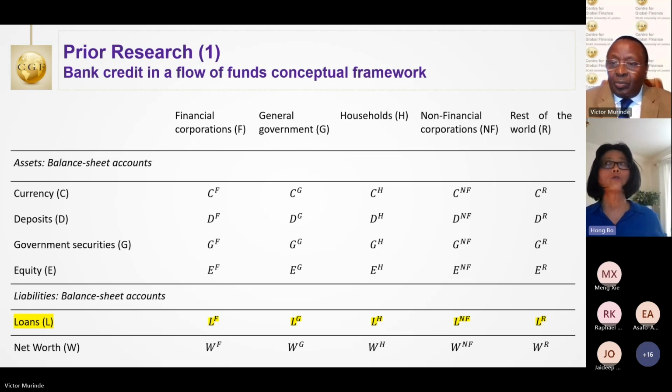Why don't you just check the performance of each relevant sector? And then you can use the banking sector as the intermediary or a channel through which this oil booming can work on the real economy. So that's my first comment.